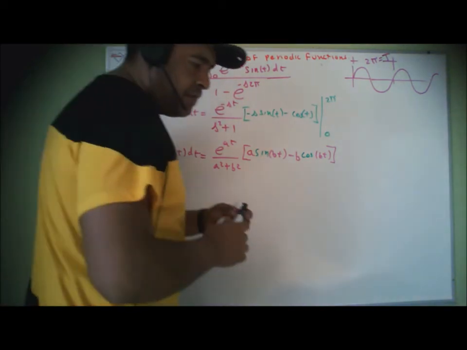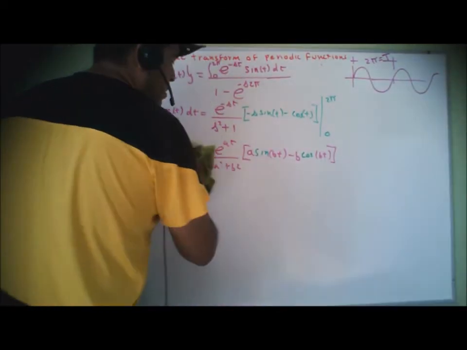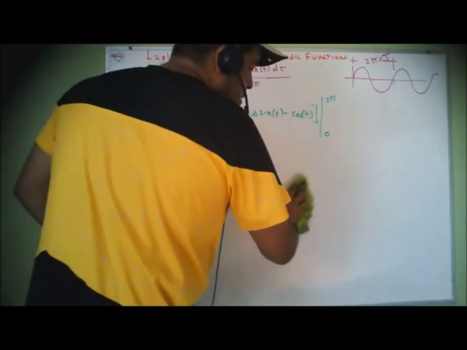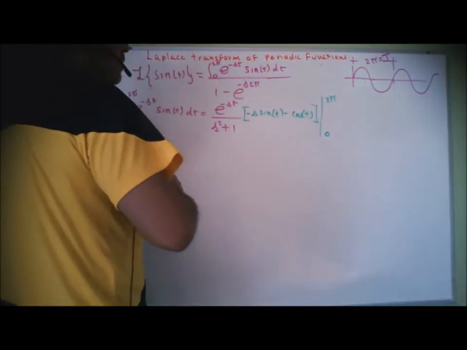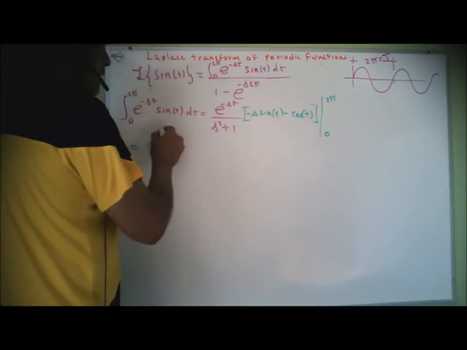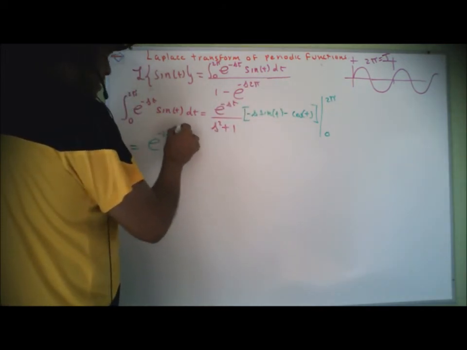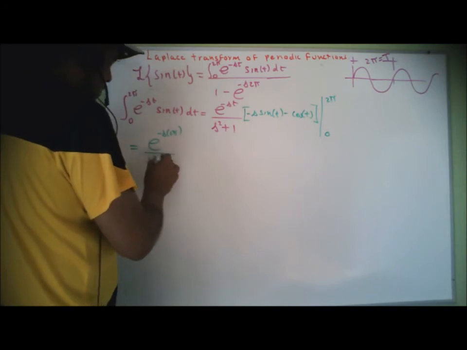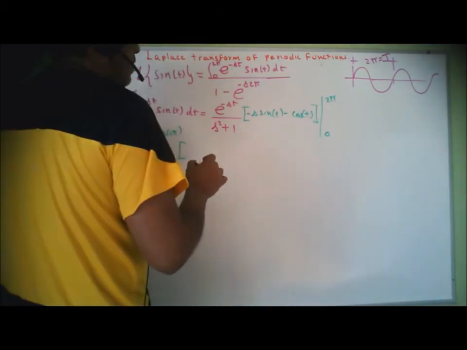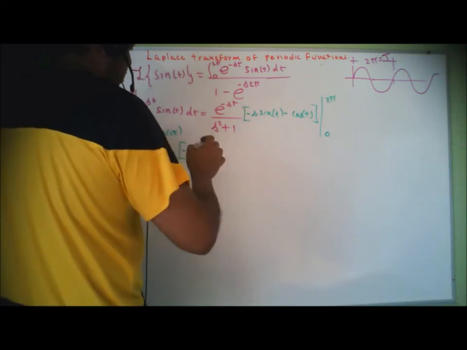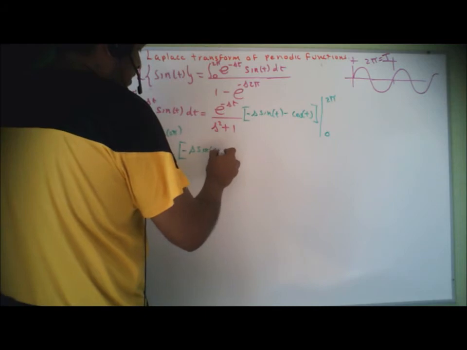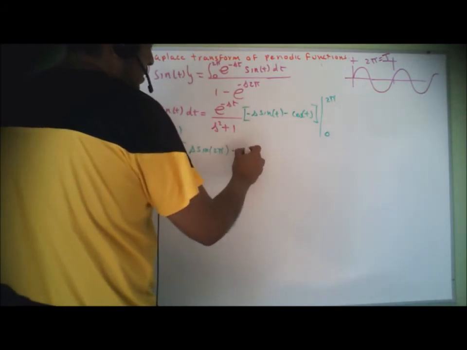Okay, I'm going to erase the formula and let's do the evaluation. So, the upper limit: e^(-2 pi s) over s squared plus 1, and then minus s sine of 2 pi minus the cosine of 2 pi.